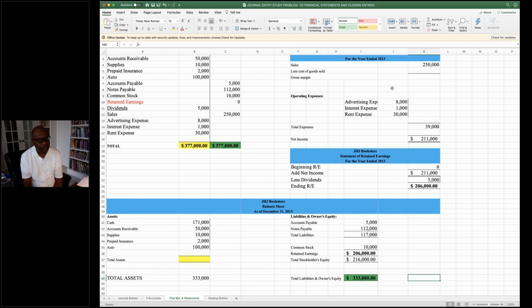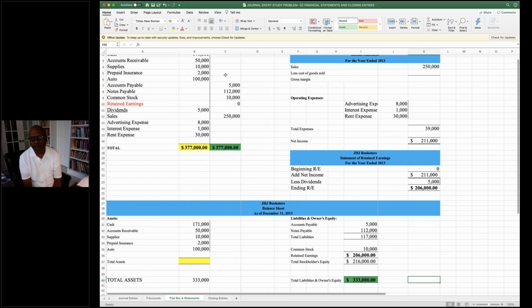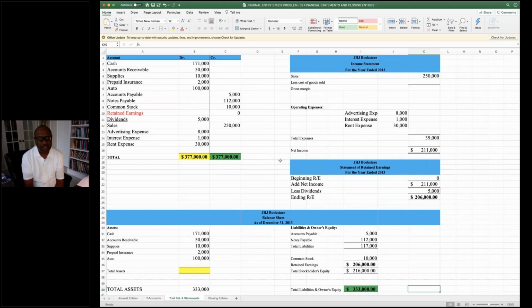Hopefully you can see where every number on the financial statement came from in this trial balance. You should not have any trouble seeing where any number came from. Does anybody have any trouble seeing where any of these numbers came from? Okay. So now you're working on the closing entries for me.